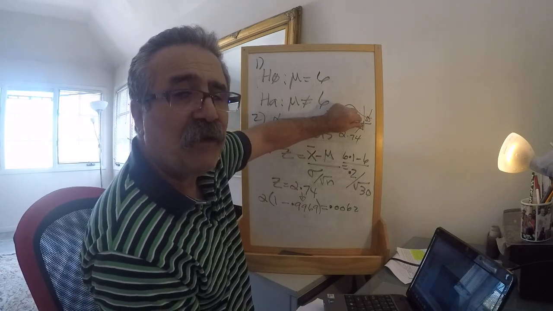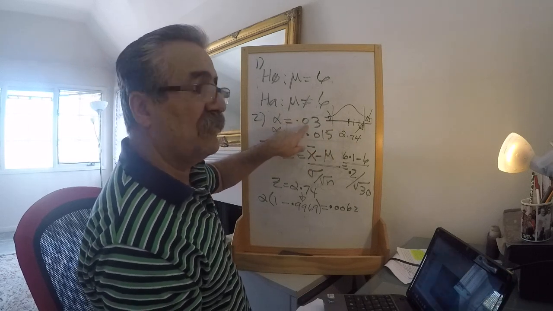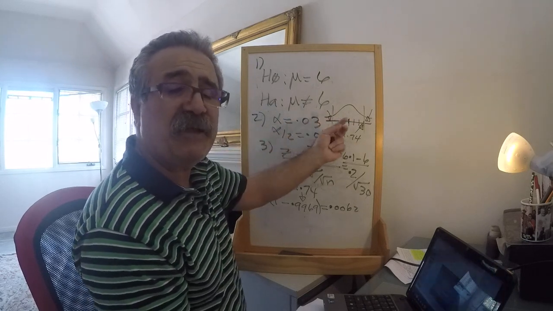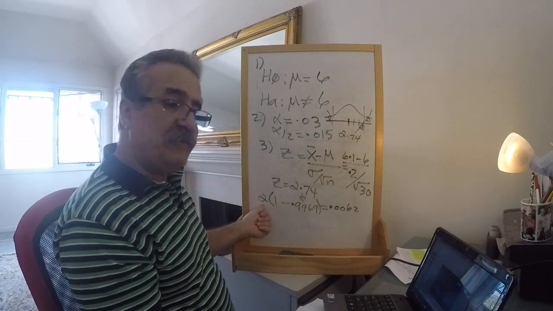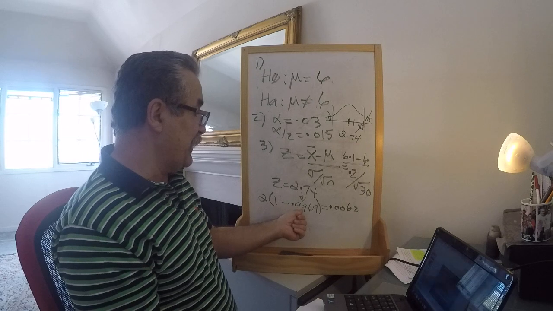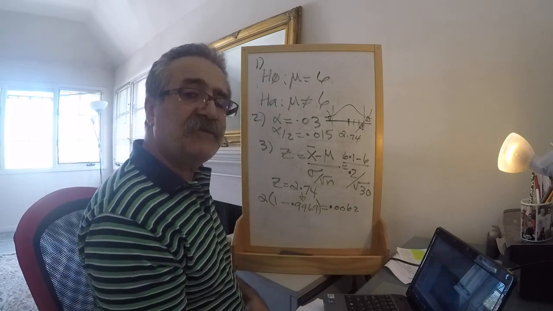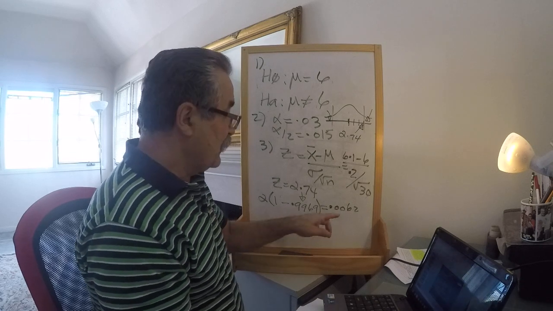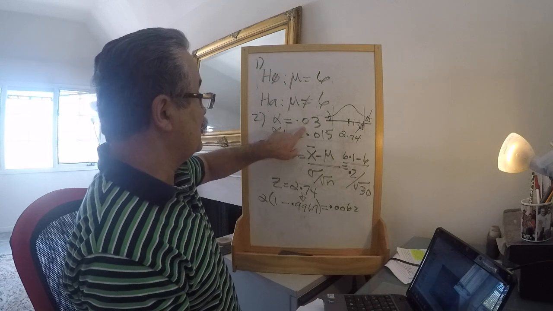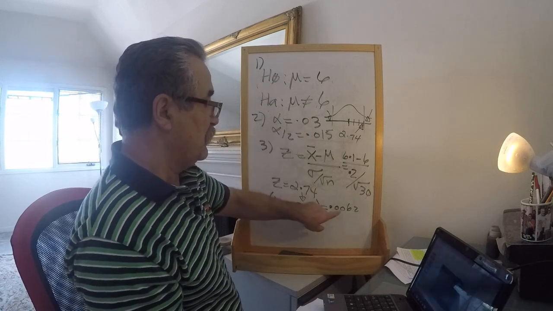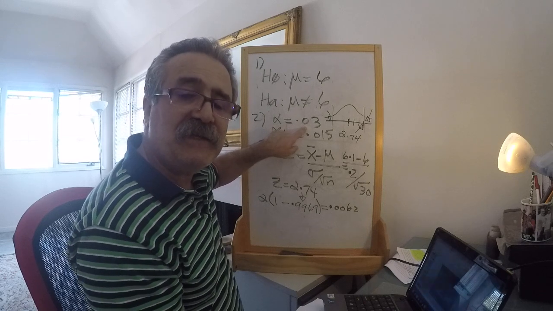But if we want to compare it against the total value of alpha, because that's only the p-value for one side, we have to multiply by 2. 2 times 1 minus 0.9969 will be 0.0062. Compare this against the value of alpha, which is 0.03. This is smaller than this, then we have to reject the H0.